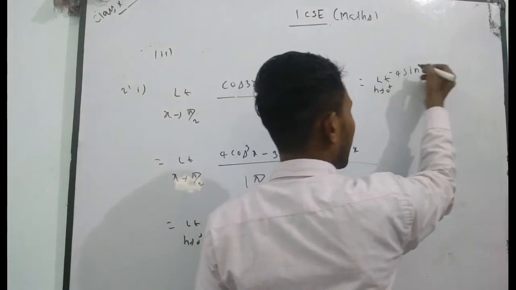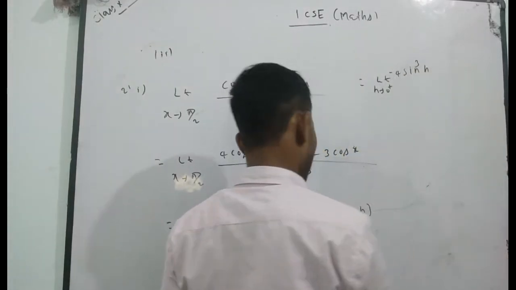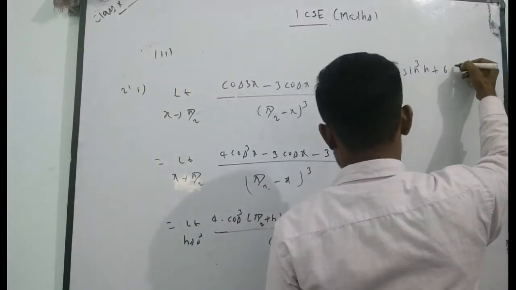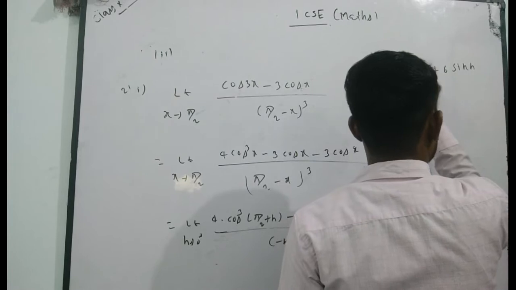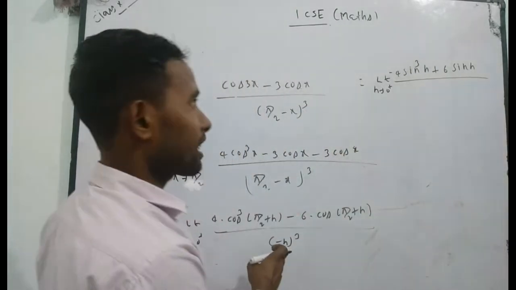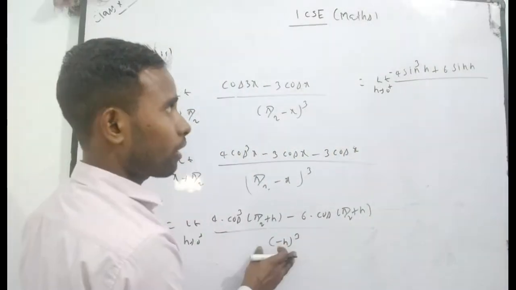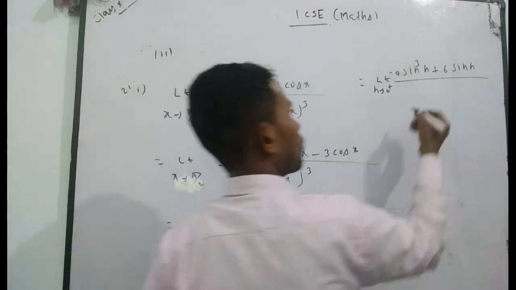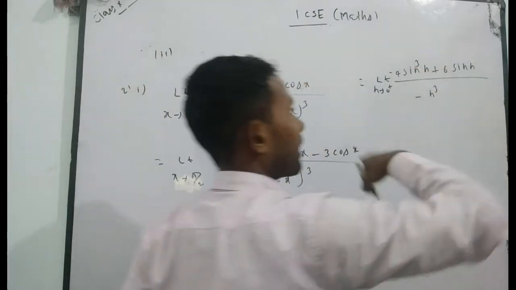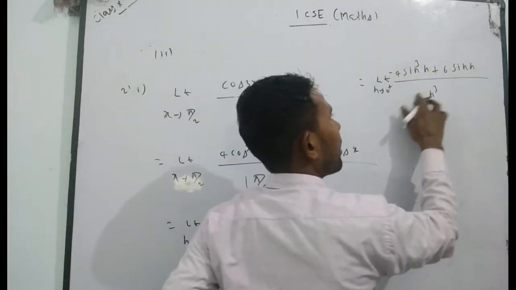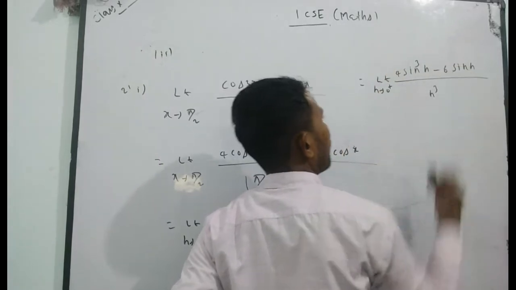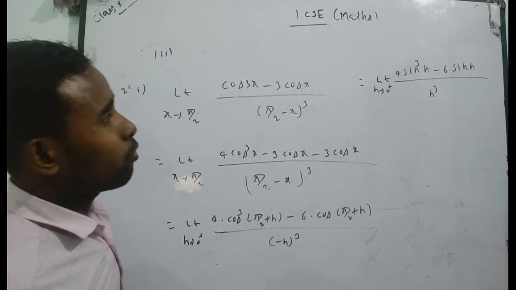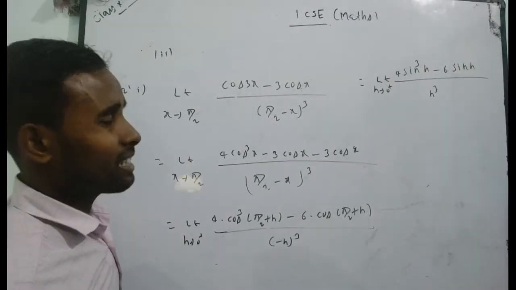So I take the negation: 4 sin cube h and plus 6 sin h divided by, in the denominator, minus h whole cube. If you take the negative sign out, multiply numerator and denominator by the minus sign, it will be positive. For simplifying, I have written here. Now it becomes 4 sin cube h divided by h cube minus 6 sin h.